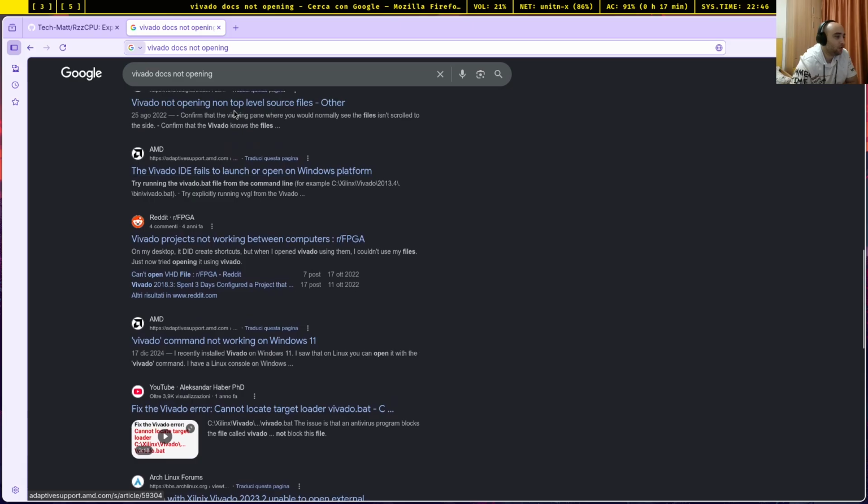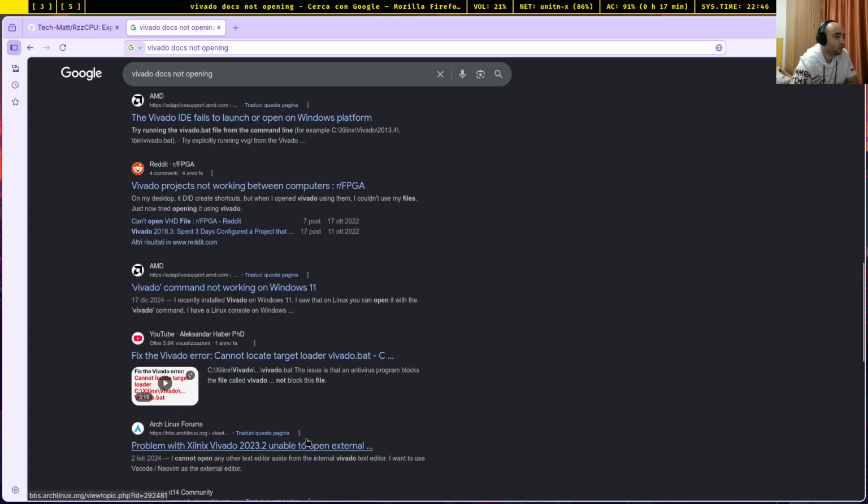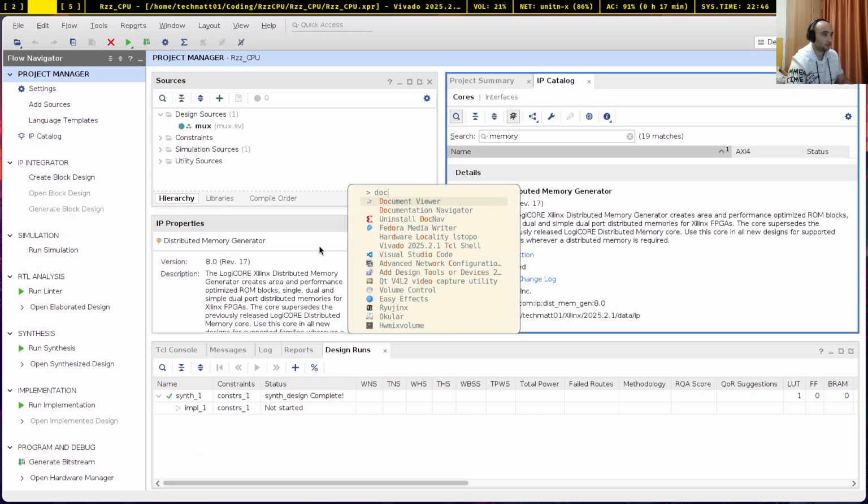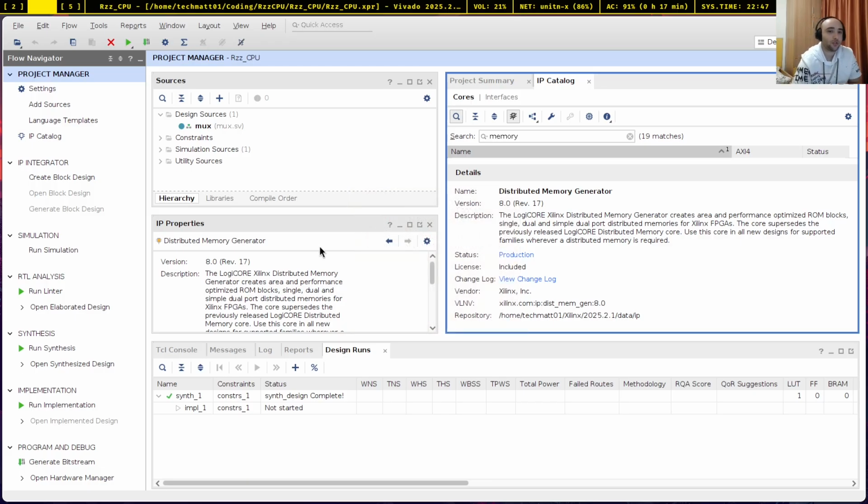Probably I just need to install docnav, which is not here, I guess. No, I have docnav, I guess. Oh my gosh. Let's open the Xilinx Information Center.